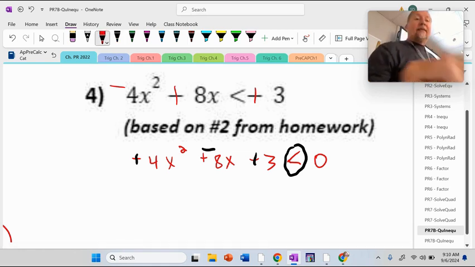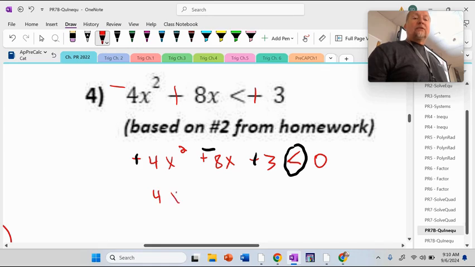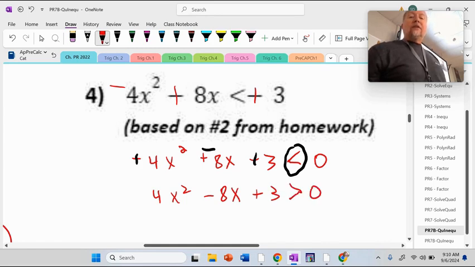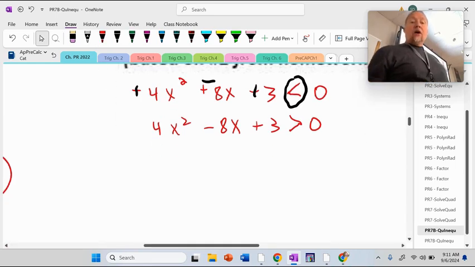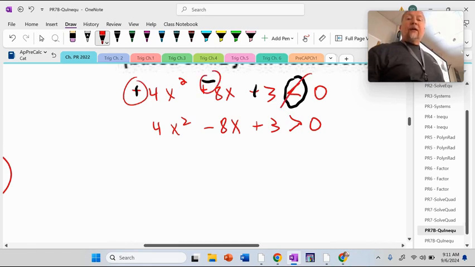So I do want to rewrite this then. This is 4x squared minus 8x plus 3 greater than 0. First of all, I would do this because I cannot factor with a negative leading coefficient. My brain can't handle it. So when I multiply by a negative, this inequality flips, and that's got to be made sure to happen.